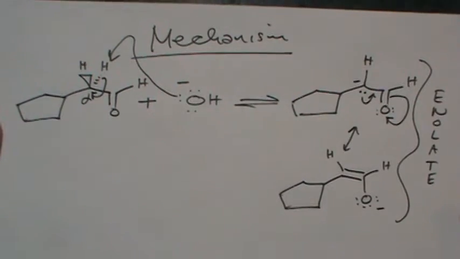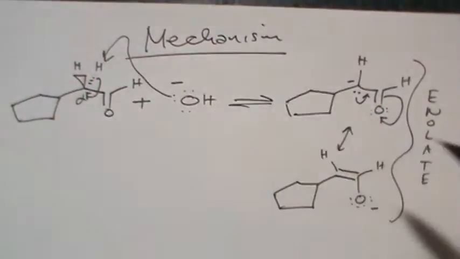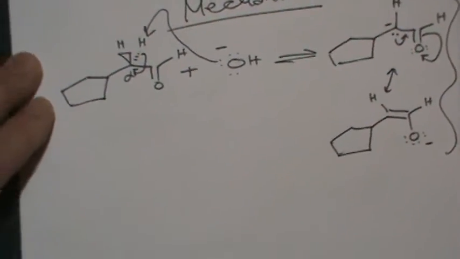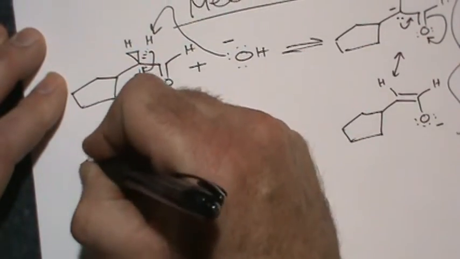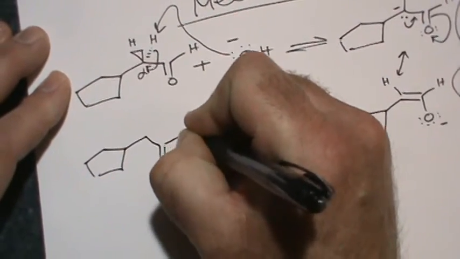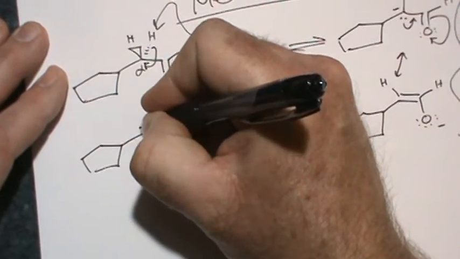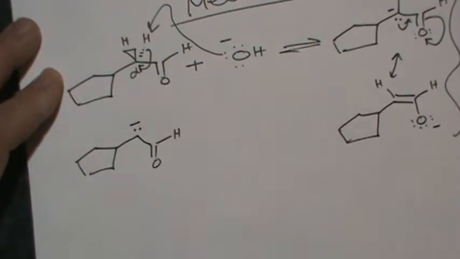And now what's going to happen in an aldol condensation is that the enolate will react with the neutral aldehyde. So I need to redraw now both of those. I'm going to start with the enolate. I'm going to show it in this particular resonance form.